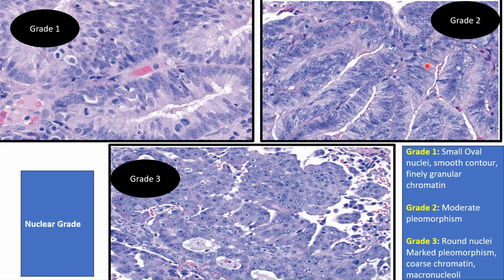Compare with this grade 2, where we can see moderate amount of pleomorphism, small prominent nucleoli, and oval to round shape. Grade 3 shows round nuclei, marked pleomorphism, prominent macronucleoli, and coarse chromatin. So this is how you can judge nuclear grade.